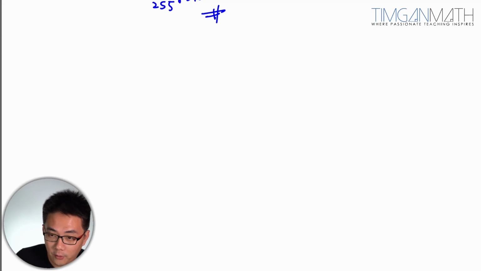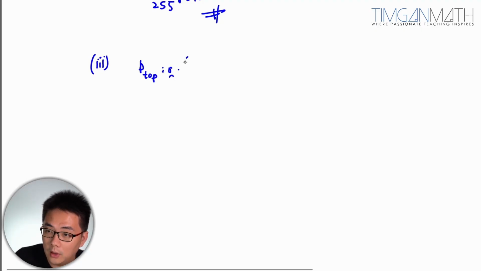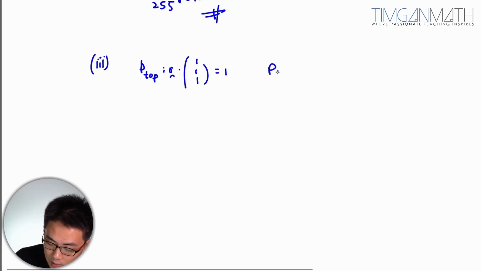So for part 3, the top plane is r dot (1,1,1) equals 1. The bottom plane would just be r dot (1,1,1) equals minus 9.